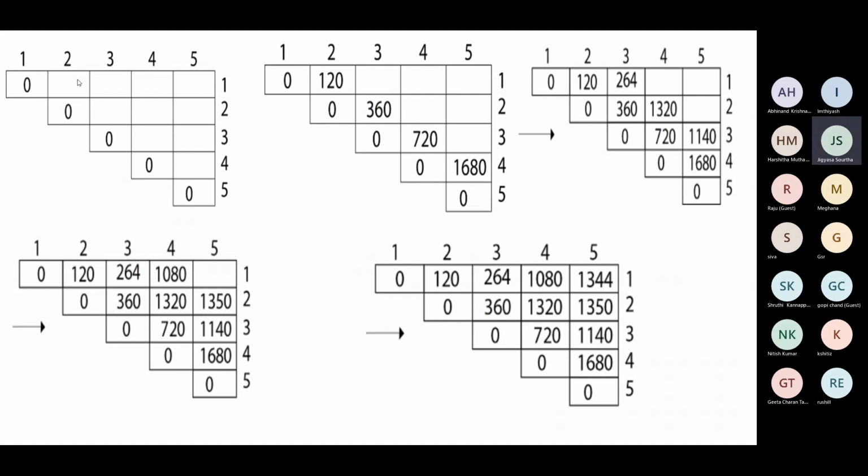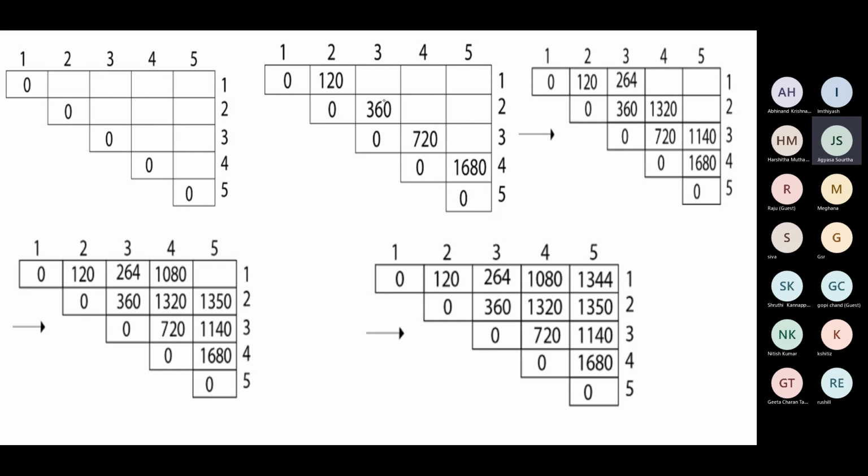Then, as we need to start from the base, we find the cost of multiplication of all matrices of length 2. You take two matrices and find their cost of multiplication. Here, the cost of multiplication of matrix 1 and 2 is 120.